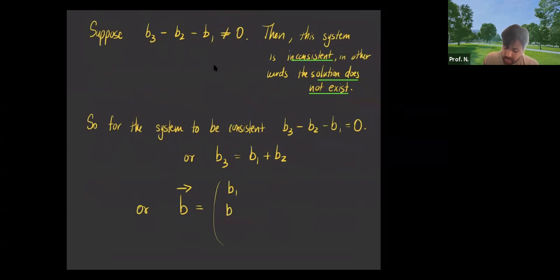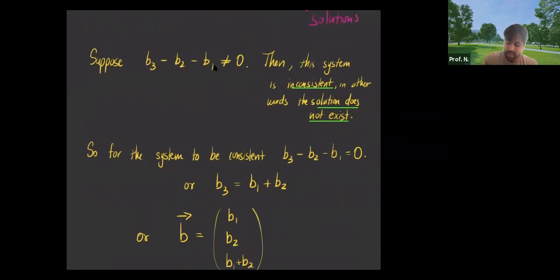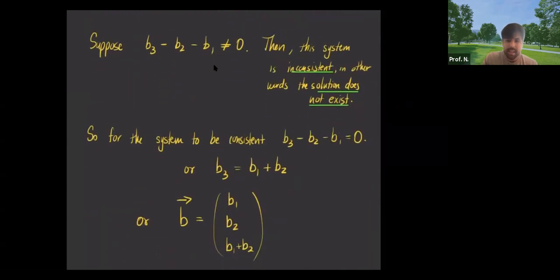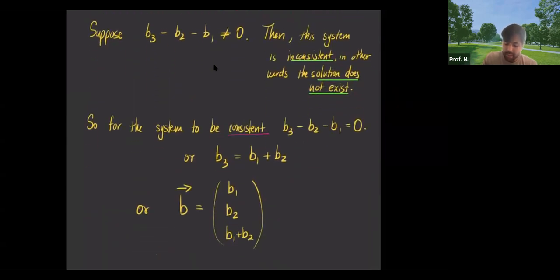It could be anything for B2, but that last entry has to be B1 plus B2. And because I have this row of zeros, the consistent part of it means that there will have to be infinitely many solutions. It cannot be just one solution.